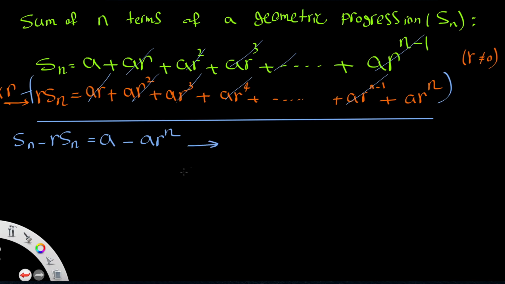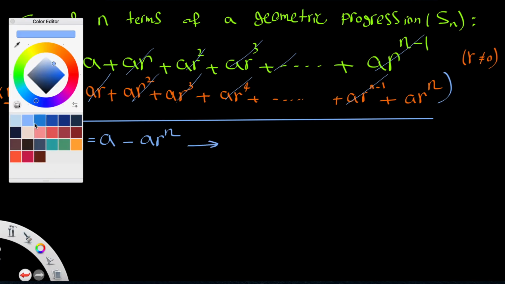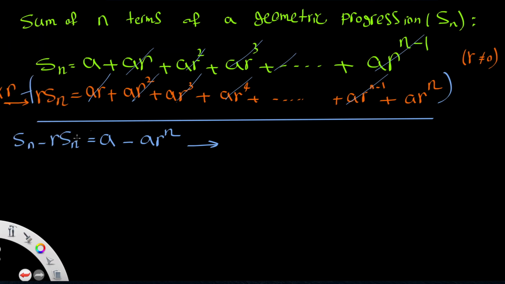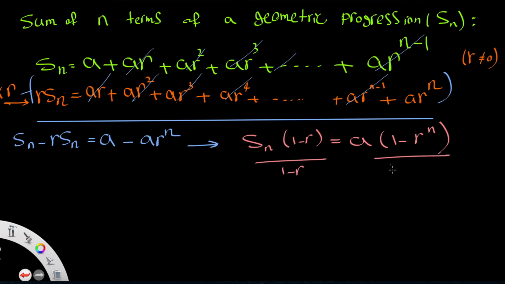Here I factor out Sn first. Sn times 1 minus r is equal to, they have a common factor of a, 1 minus r to the power of n. Now I divide both sides by 1 minus r because we are looking for Sn.